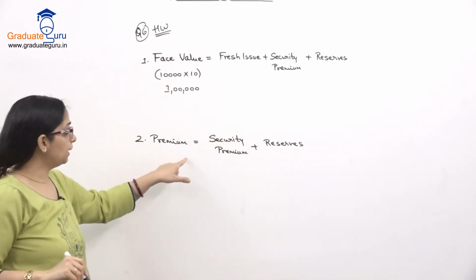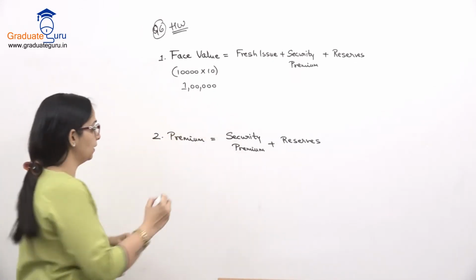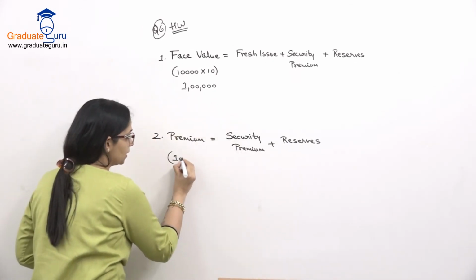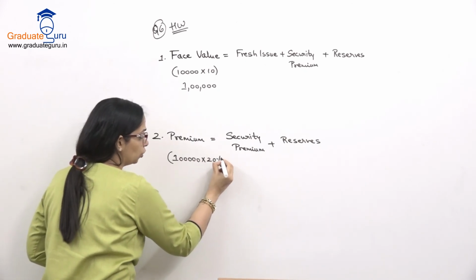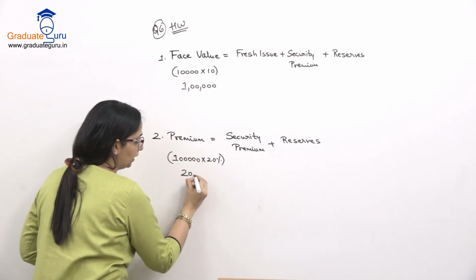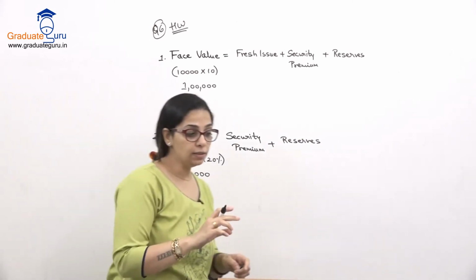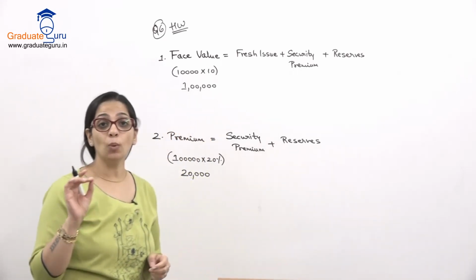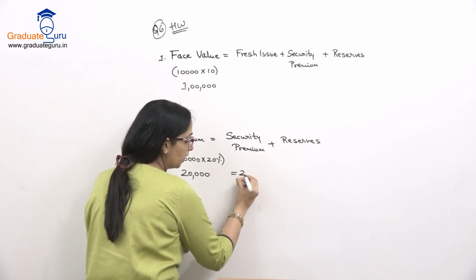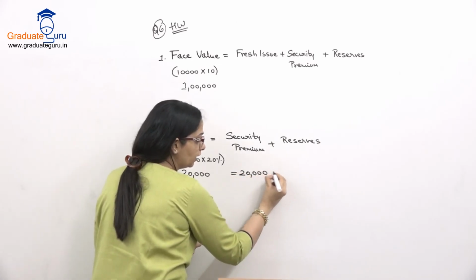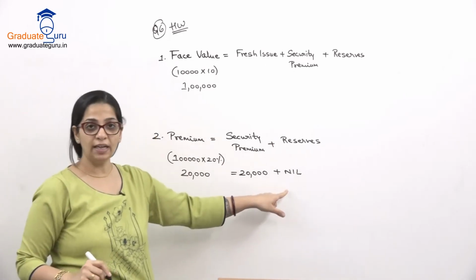So premium में security premium plus reserves, we found out total 1 lakh. Premium is given as 20%. So 1 lakh into 20%, 20,000. ओके अब उन्होंने क्या बोला है? सिक्योरिटी प्रीमियम अकाउंट में 28,000 है, तो मींस ये जो मेरा 20,000 है वो पूरा सिक्योरिटी प्रीमियम से ही निकल जाएगा. रिजर्व्स आई डोंट नीड एनीथिंग.